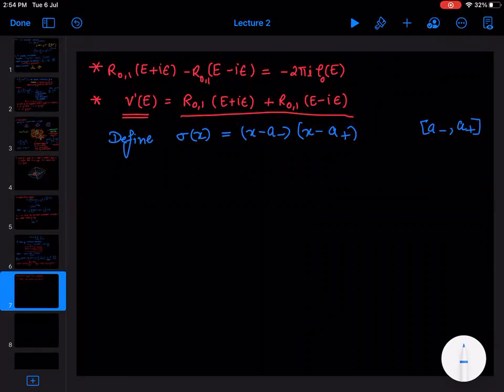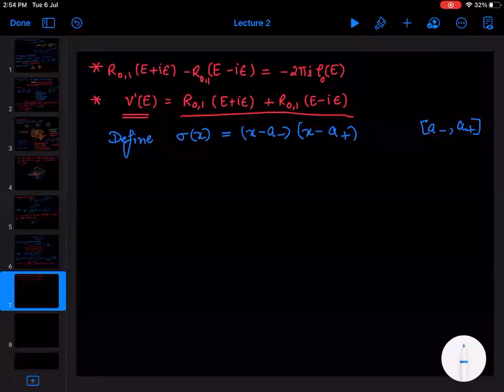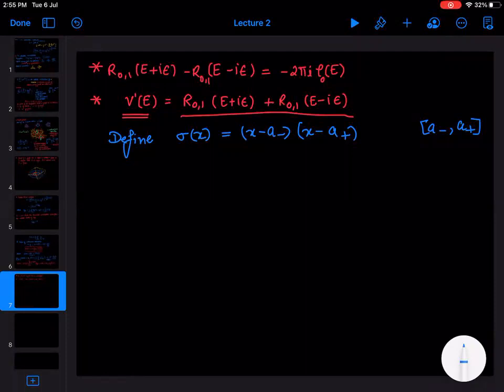Here I'll be considering the case where my eigenvalues are distributed only in one single interval, which is known as the one-cut solution. In general, it can have many disjoint intervals, but I'll only be considering this case.